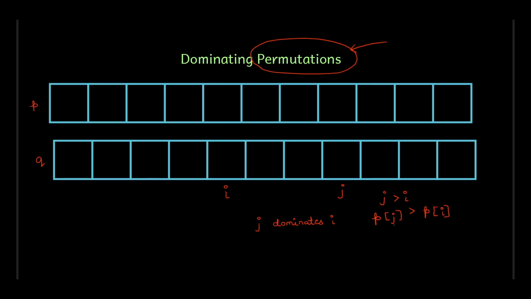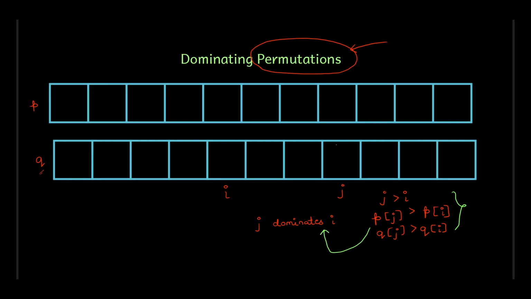And J should also win when you are comparing the numbers that are written in the second permutation. So Qj is greater than Qi. Now, if all of these three conditions are satisfied, only then do we say that this J dominates I.